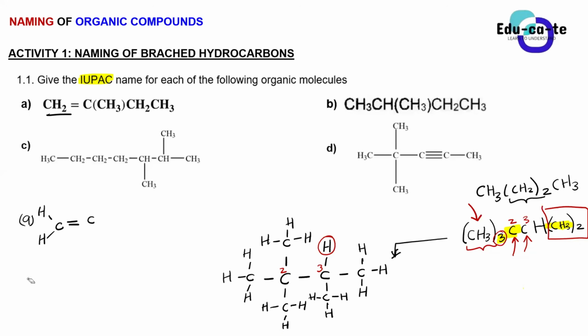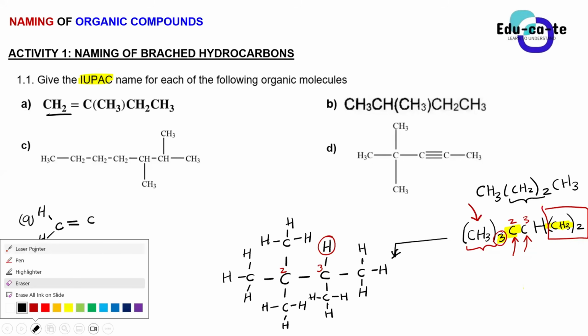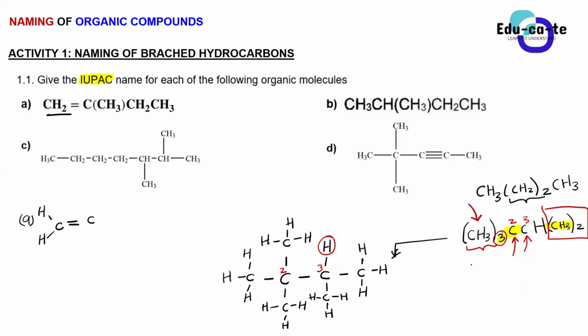Okay. So basically, how I would prefer it written is like this: C, CH3 3, and then C, and then after that we have got an H, then we have got a CH3 2. This is the proper way of writing it.